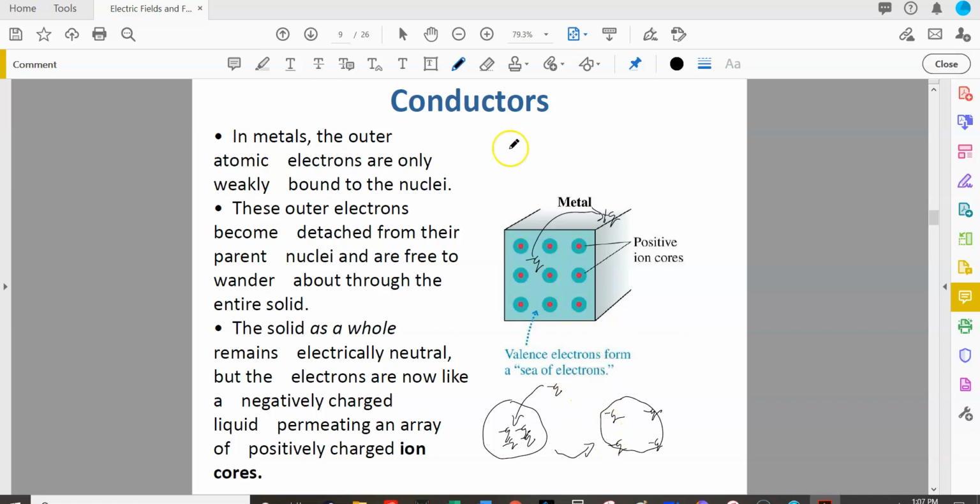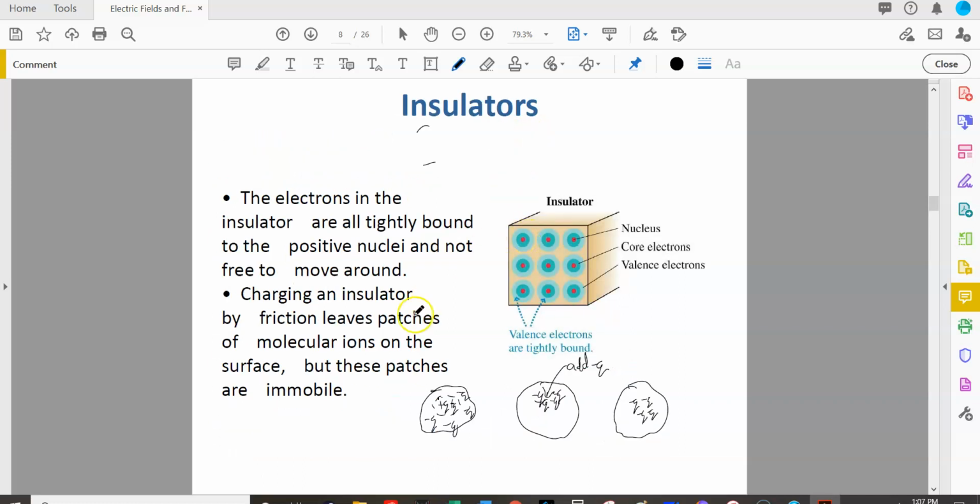Okay? And the other example that we said: if you had a little patch here and you ripped electrons away, just like this object, you tore electrons away, well, these electrons in the insulator are going to stay right where they are.